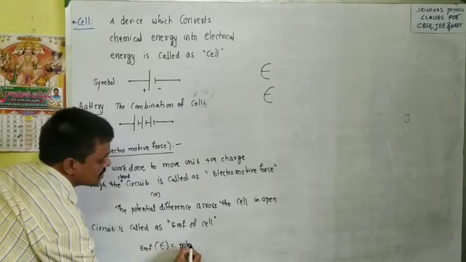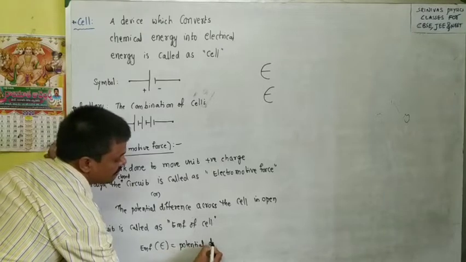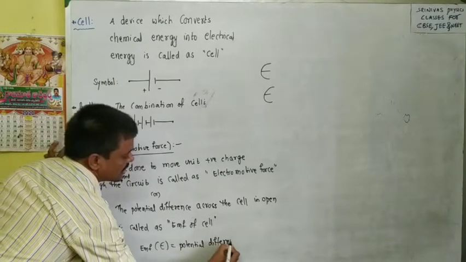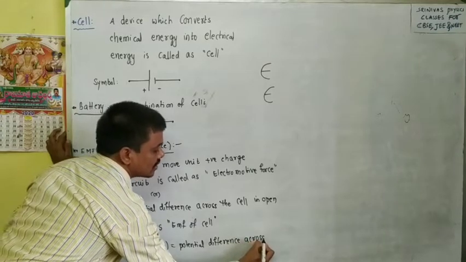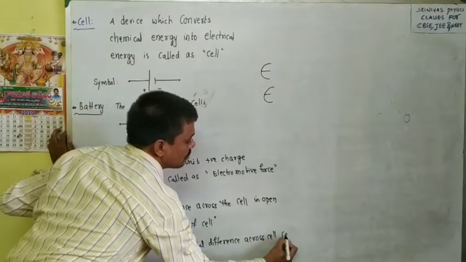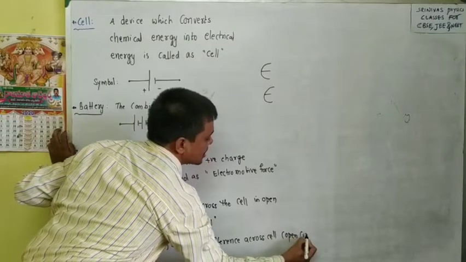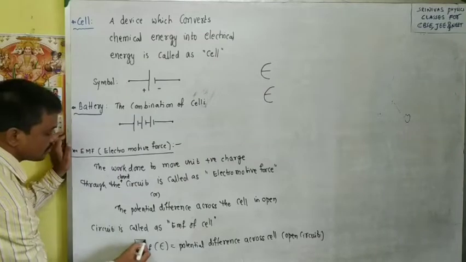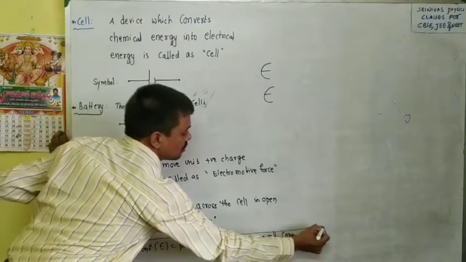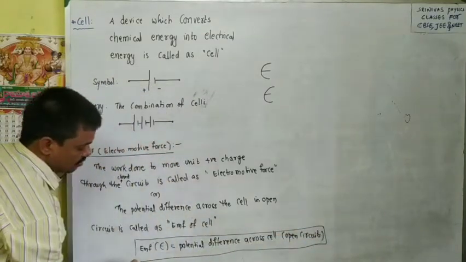Potential difference across the cell, but it is in open circuit. What is open circuit? I will tell. EMF is equal to potential difference in open circuit.